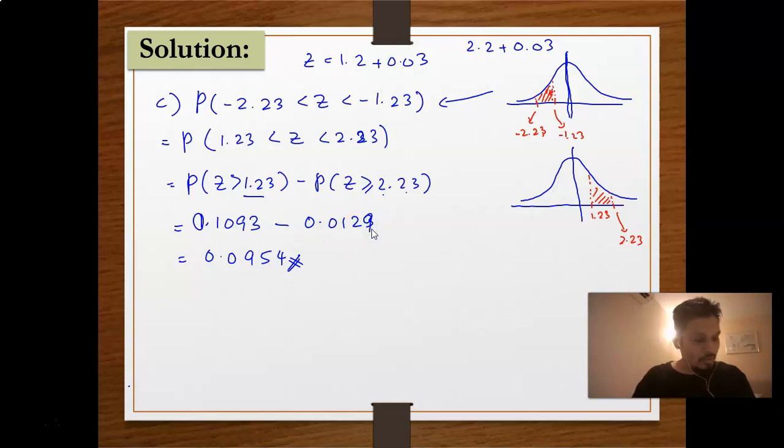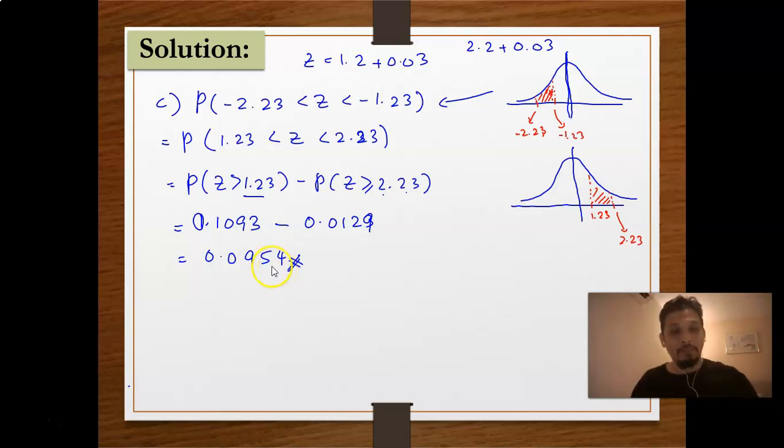So 0.1093 minus 0.0129 gives 0.095464, something like that. Is it 95464? Might be 6. You can check that by yourself.